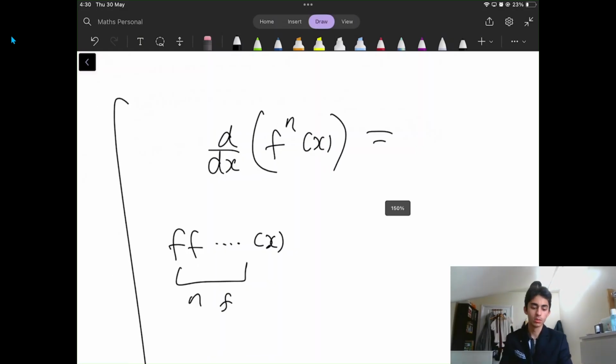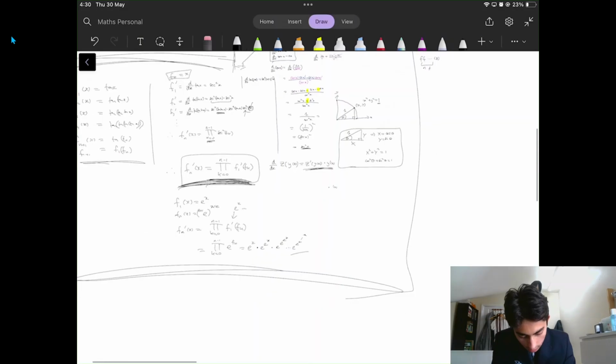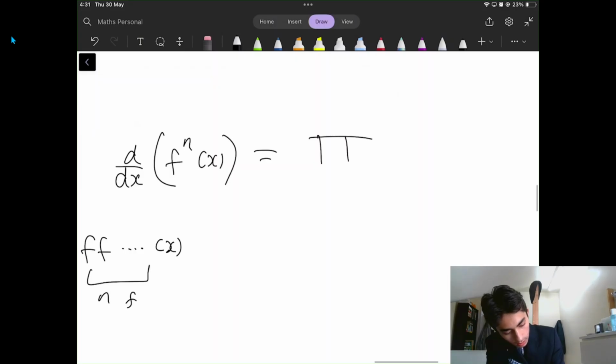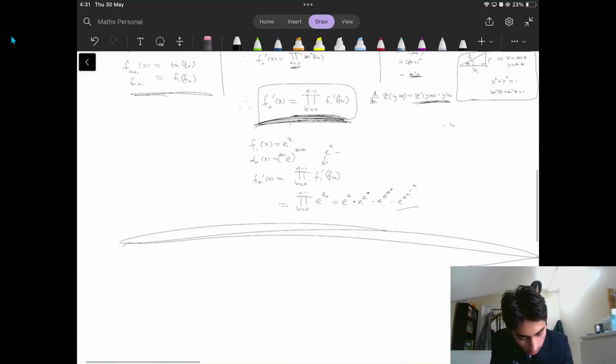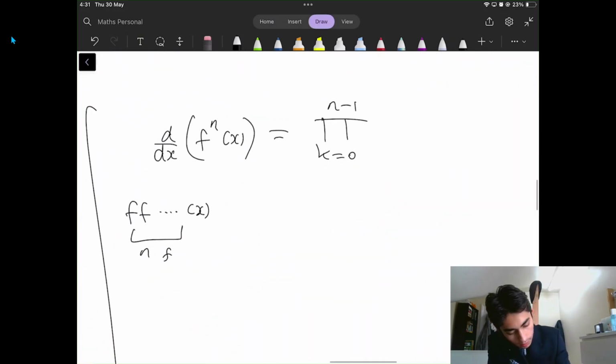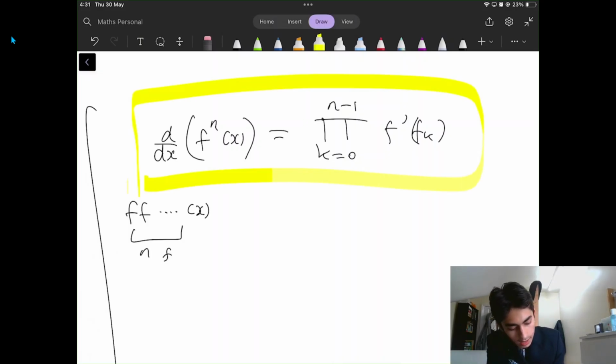This is equal to what we said it was earlier. Product k goes from 0 to n minus 1 of f prime of fk. So yeah, we have derived this new rule that I've made for you guys.